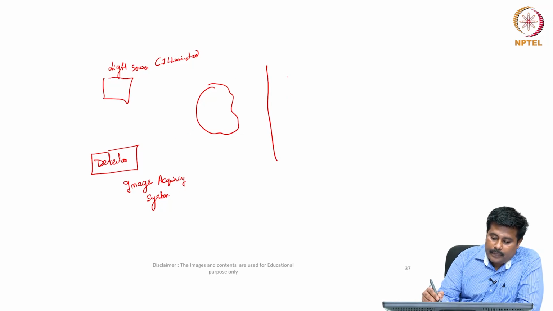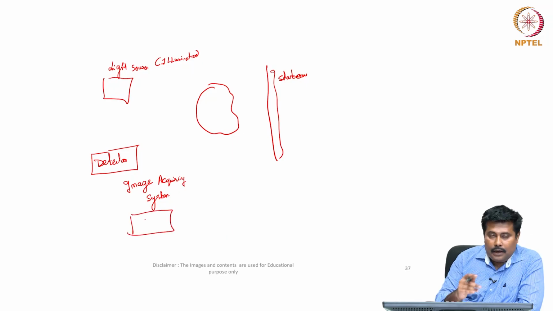If the image is acquired over here, we call it a shadow. If the image is acquired over here, we can consider it as a complete image which is coming out from the reflection.